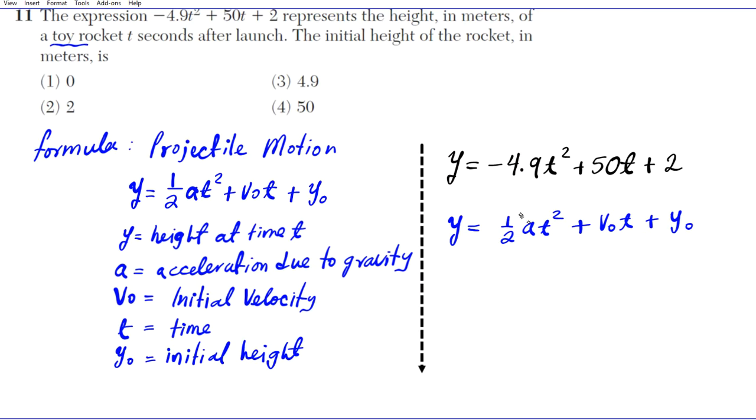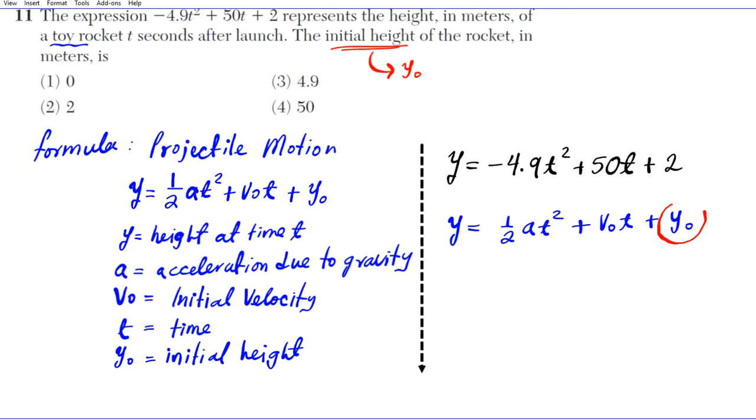Okay, so if you pair it up, you can see that negative 4.9 represents half of the acceleration due to gravity, which is negative 9.8 meters per second squared. V sub 0, the initial velocity, is the coefficient of t, which is 50 meters per second. And then what we're asked to find is the initial height. Initial height is y sub 0. Initial height is the constant.